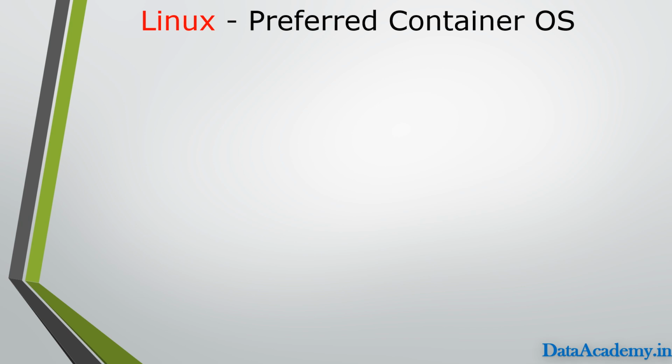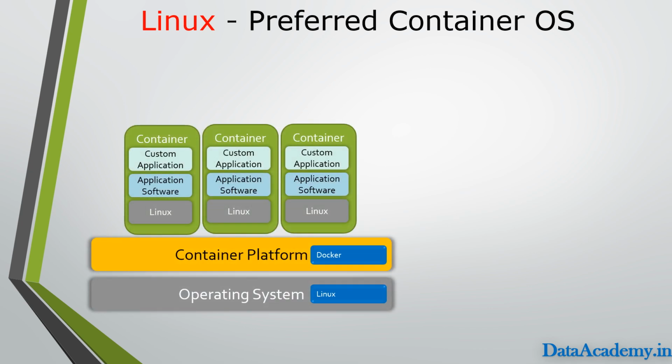Now, talking about containers and the operating system, Linux is the preferred container operating system. And the reasons are pretty simple, right? First, Linux is open source, it's freely available, anybody can download it.